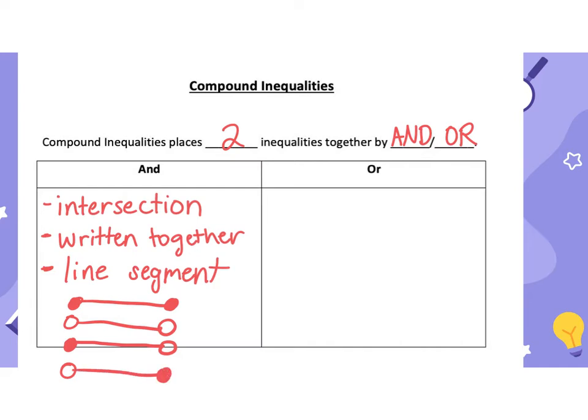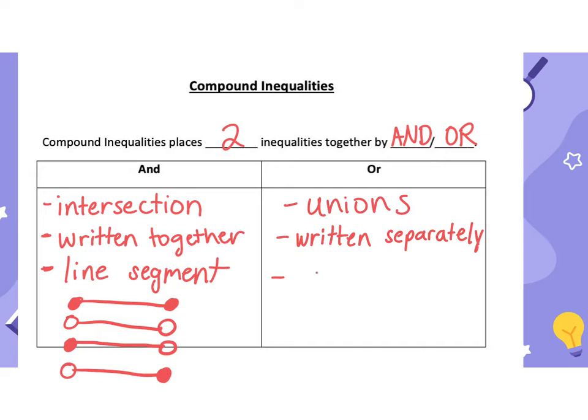We then have OR functions. These are what we call unions, okay? Not an onion, but a union. Hopefully you've heard that word before. These are going to be written separately, usually containing the word OR. So usually it's just going to tell us that it's an OR function. Okay?